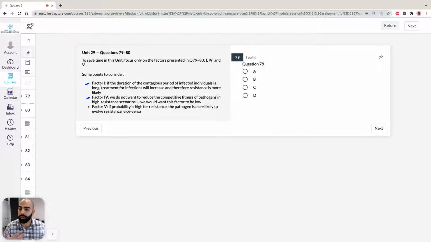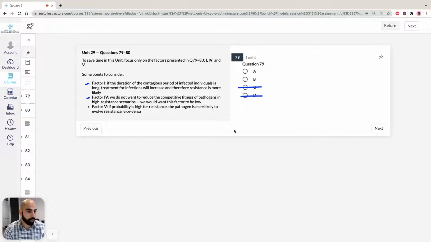We want that to be long because, again, if the contagious period is long, it means that the treatment for infections will increase. You're going to keep treating them with drugs, which means it's more likely to increase resistance because you're going to keep trying different drugs. So that's why for 79, 1 has to be long. So we know therefore C and D are incorrect.